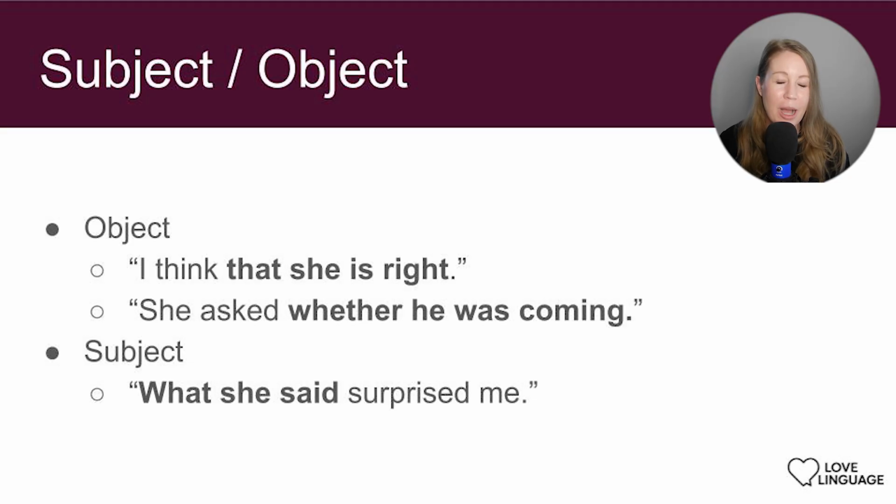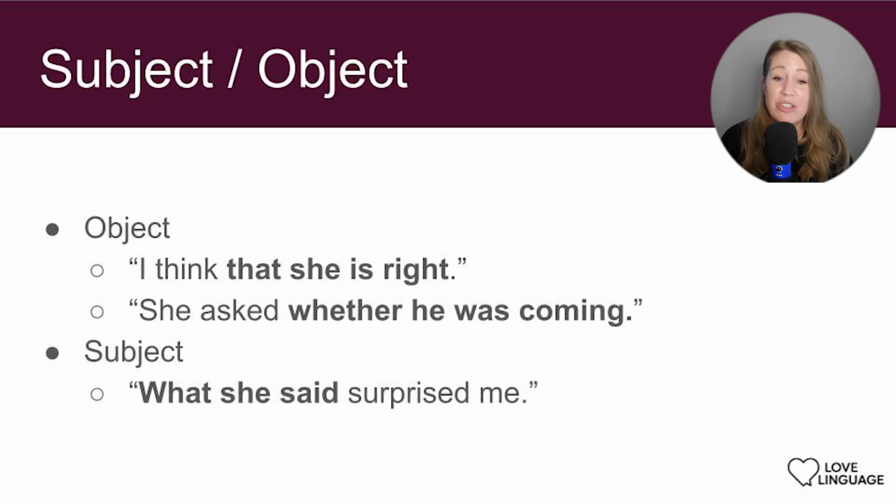So how to spot complement clauses? I like to highlight this because I feel like it's a little more complicated. They usually start, again, with words like that, if, whether, what, who, how, why, or when. Everything from that first word to the end of the clause is one unit. And ask yourself, does this clause answer what or who in relation to the verb? If yes, it's likely a complement clause.